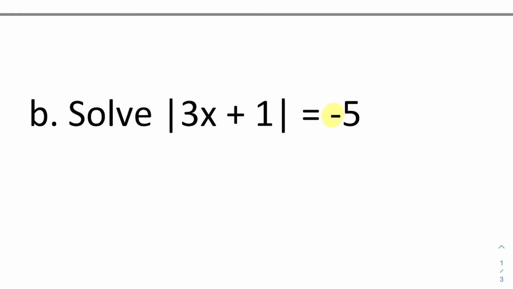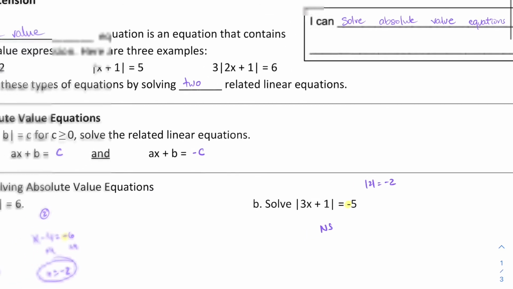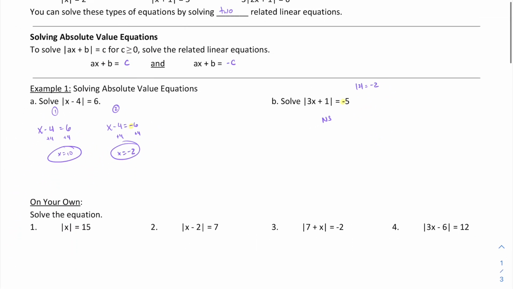Can an absolute value of 2 ever be negative 2? No, it can never be a negative number. So right off the bat, if you have an absolute value equation equal a negative number, it is no solution. You always have to make sure, is my absolute value equation positive? Okay? So why don't you try 1, 2, 3, and 4 on your own.